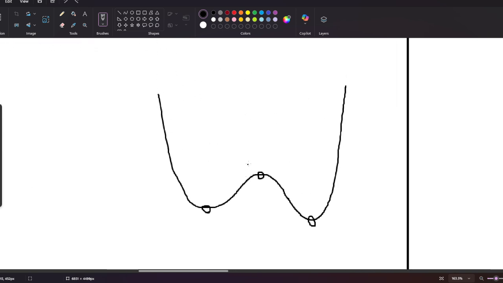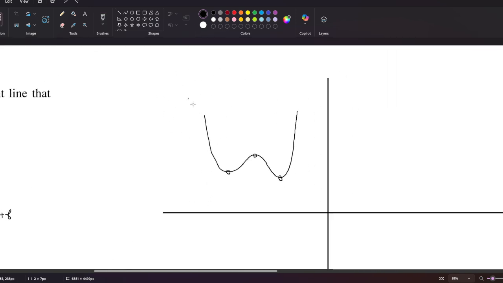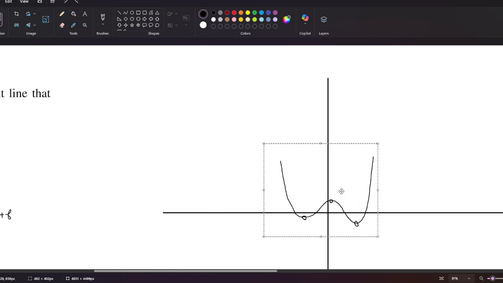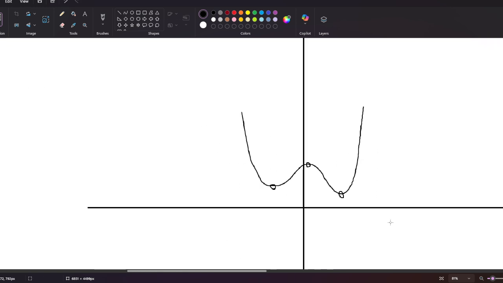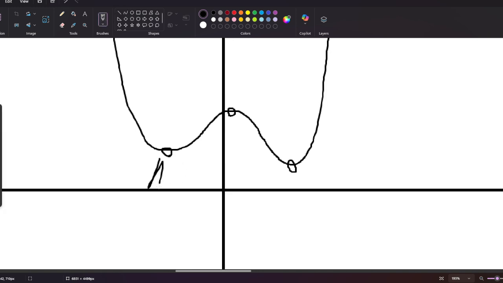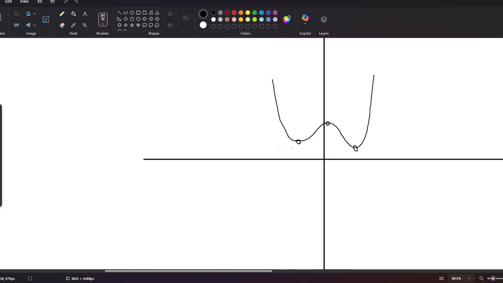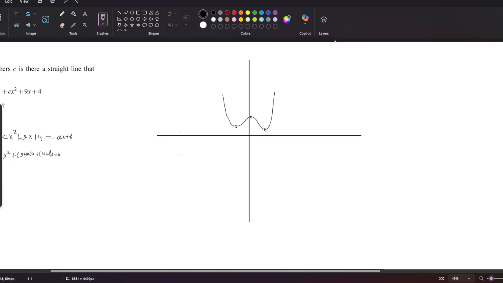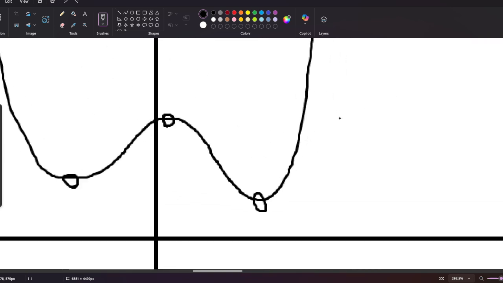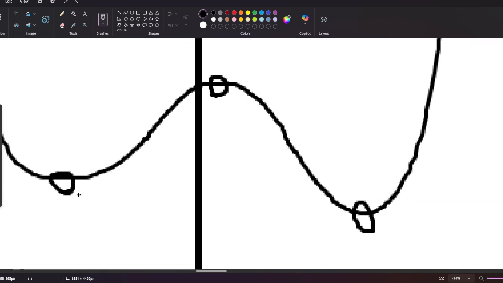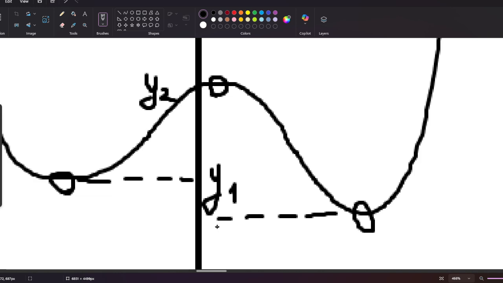So, thing is, you would argue that, well, what if it's above the graph? What if it never touches it? What if I'm picky like that, right? And thing that you can do is go ahead. Let's say that y coordinate here is y1, y coordinate here is y2, y coordinate here is y3.